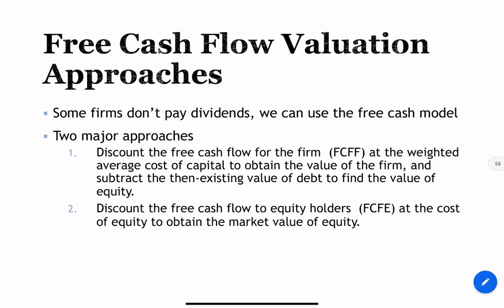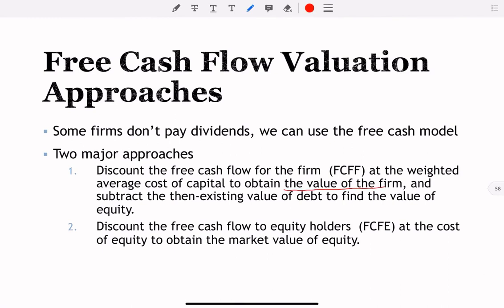In the second approach, you will directly find out the value of the equity. So in the first approach, because you're thinking about how to calculate the value of the firm, you would use free cash flow for the firm, FCFF.